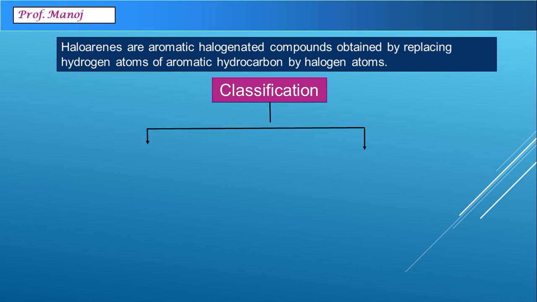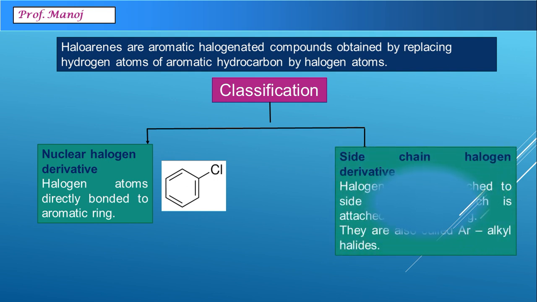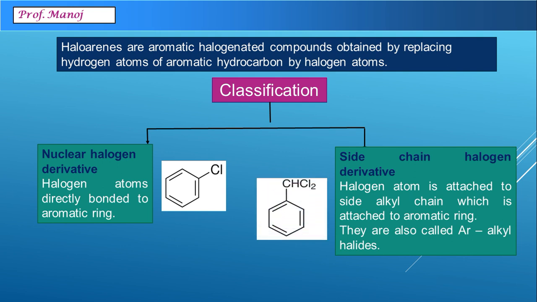They are classified first as nuclear halogen derivatives. Here the halogen atoms are directly bonded to the aromatic ring, as you can see in the structure of chlorobenzene. The second type is called side chain halogen derivatives. Here the halogen atom is not attached directly to the ring, but it is attached to a side alkyl chain, somewhat like this.